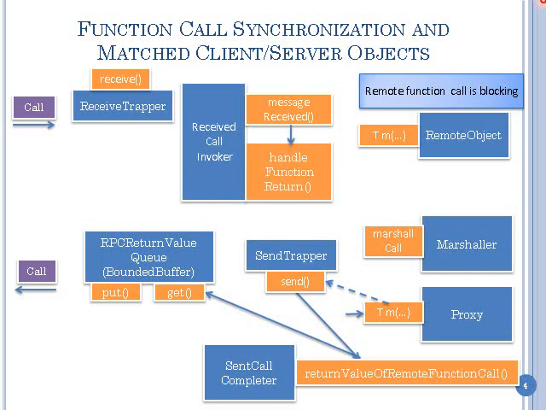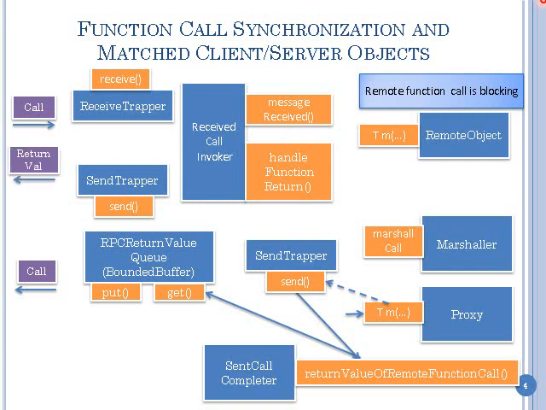It's now going to do handle function return. I have this method that you guys can then go and override, I think. Okay? So it'll do handle function return, which is going to send a call to the send trapper and send a return value to the send trapper, and then the return value is going to come back here.